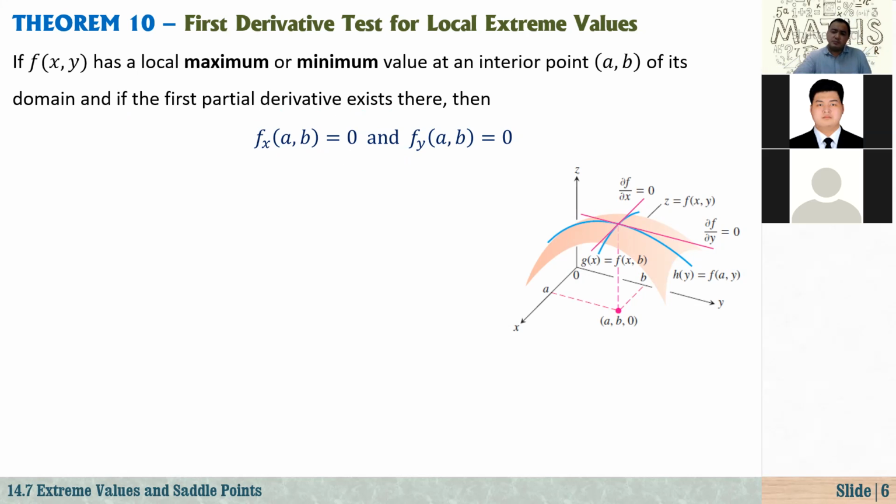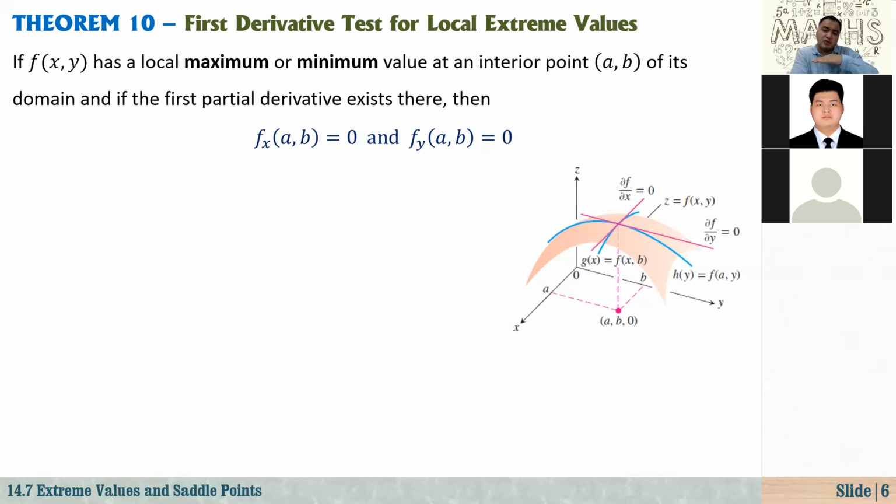What does that mean? At this point (a, b), we can draw a tangent plane to the graph of the function which is parallel to the xy plane.